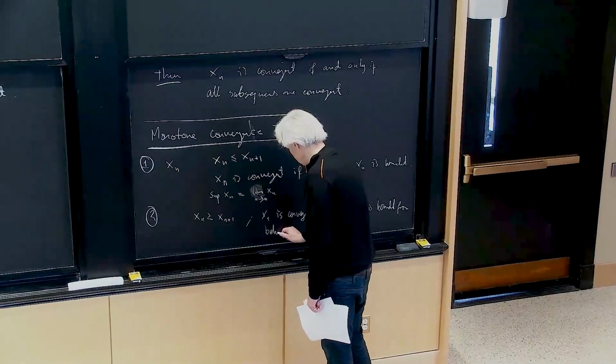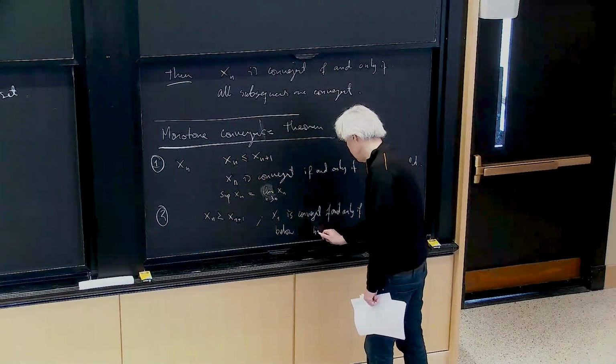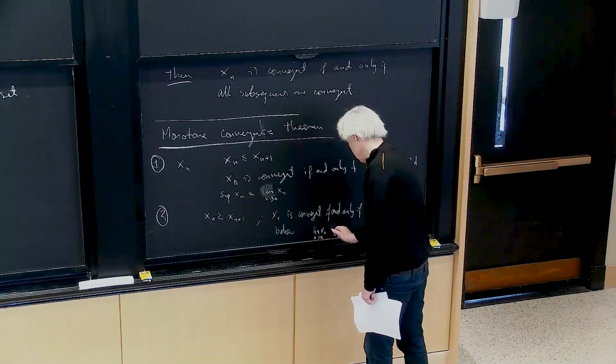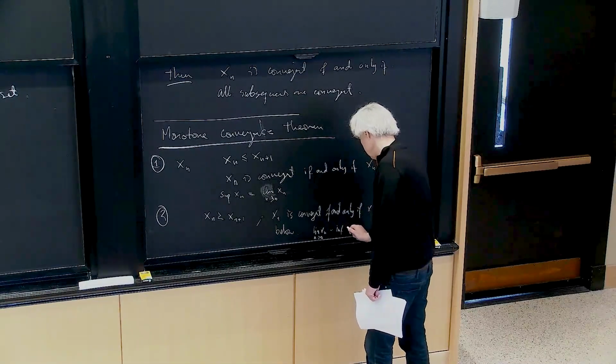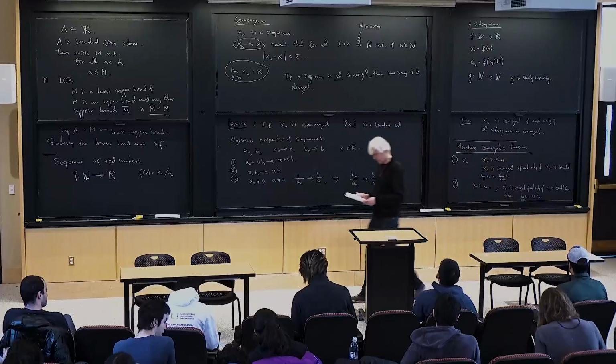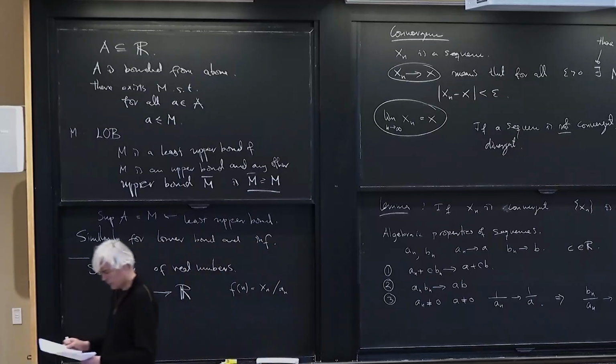And in this case, if it is bounded from below, then the limit of x_n is the inf. Okay, so that was the monotone convergence theorem, and it has these two versions, the increasing version and the decreasing version.